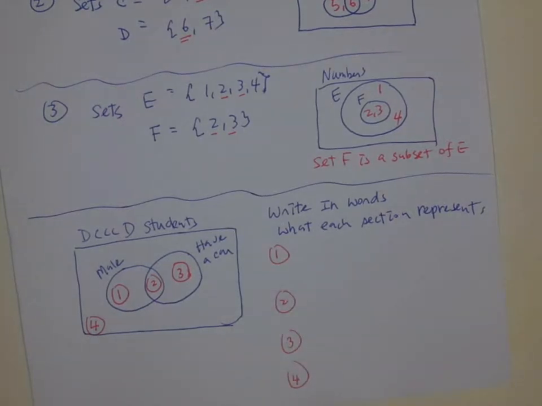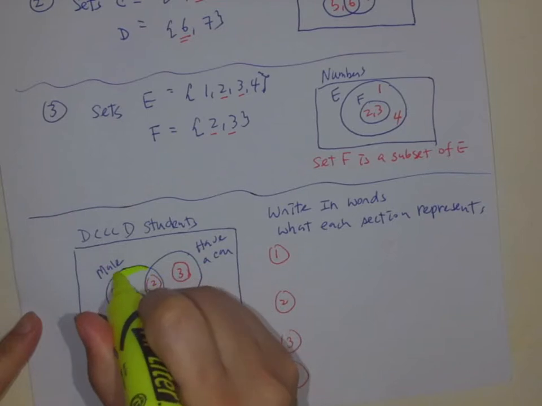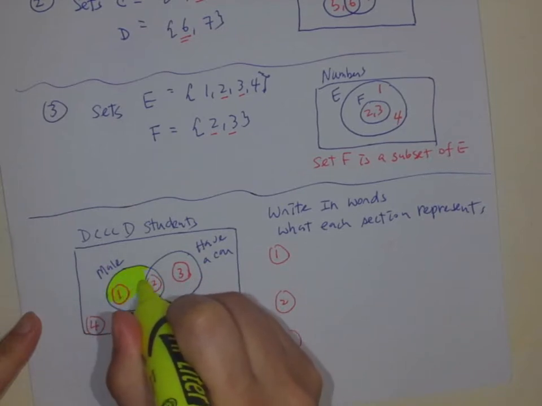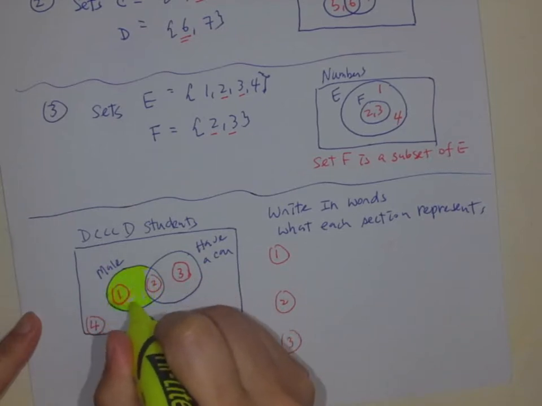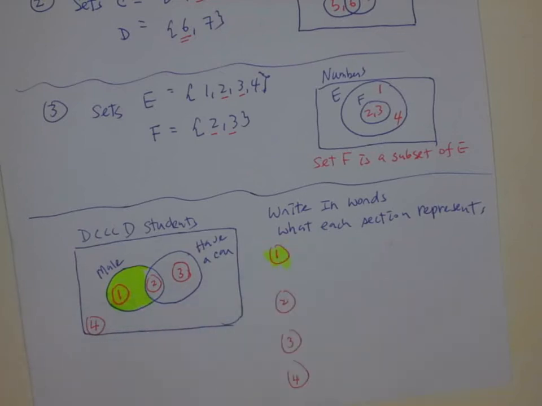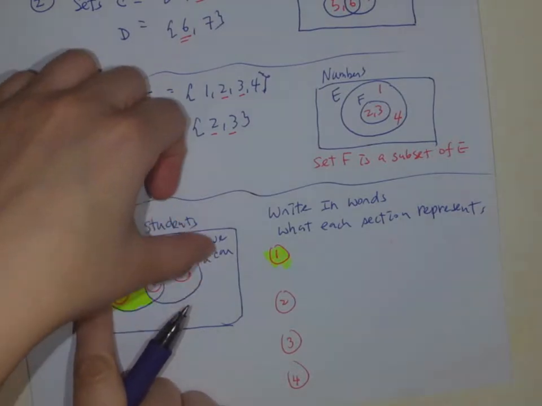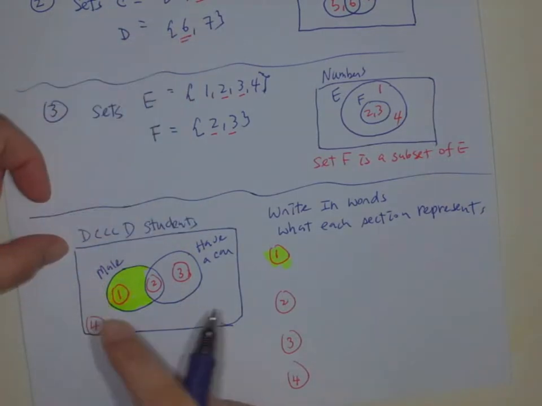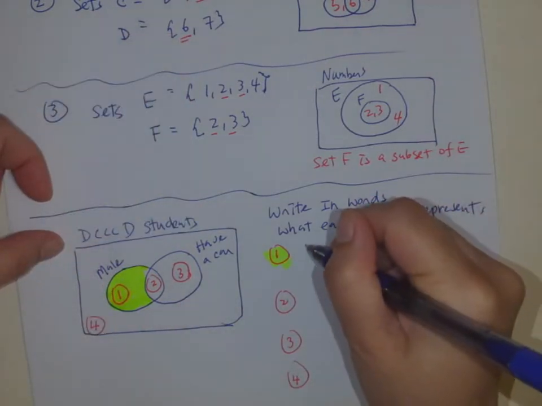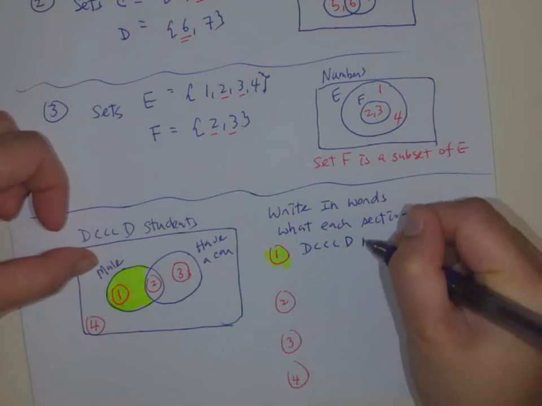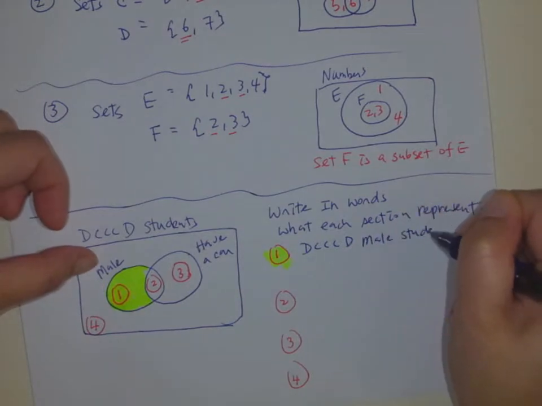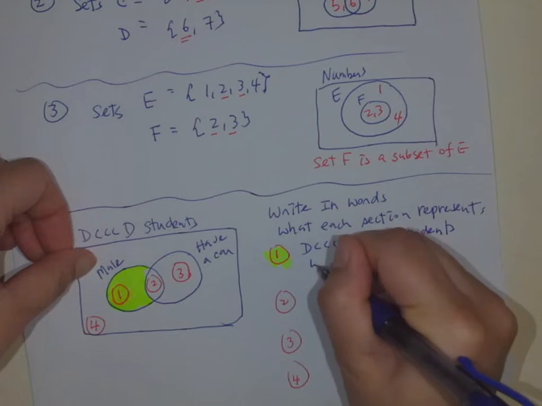Section 1 is only the part for the male DCCC students, but not overlapping with the circle with the car. So what would that mean? That means the DCCC male students, but not including people who have a car. So DCCC male students with no car, right?